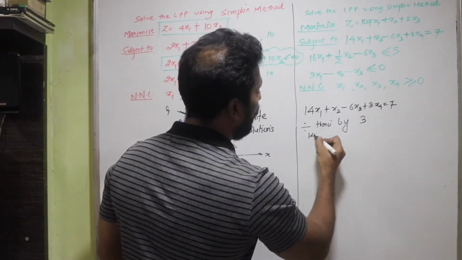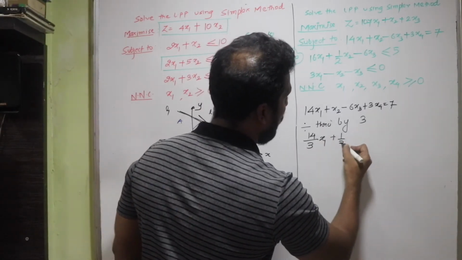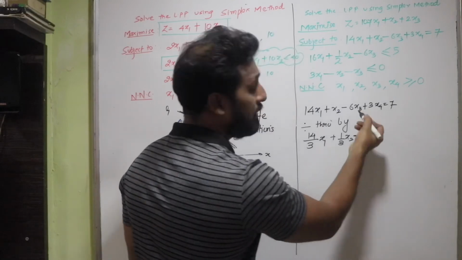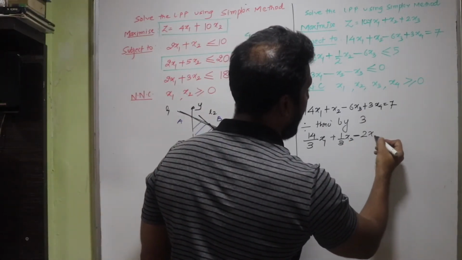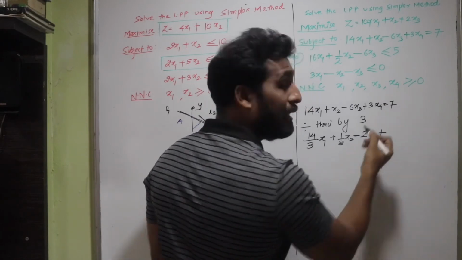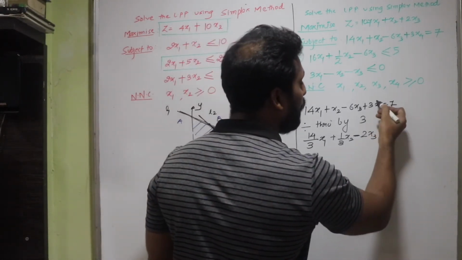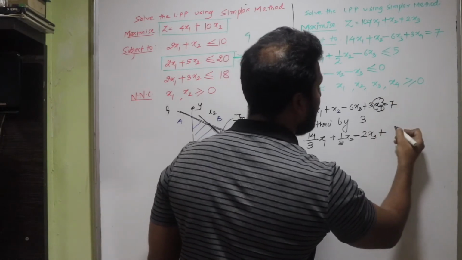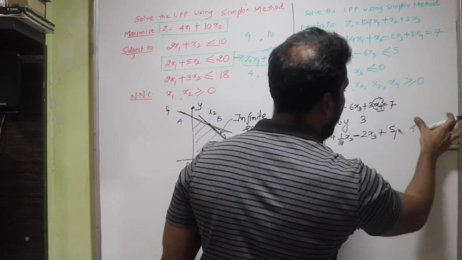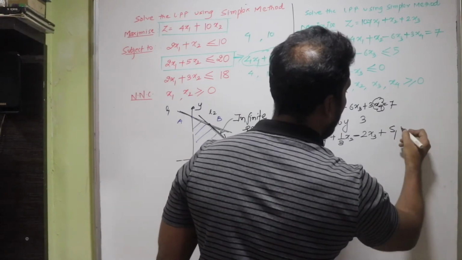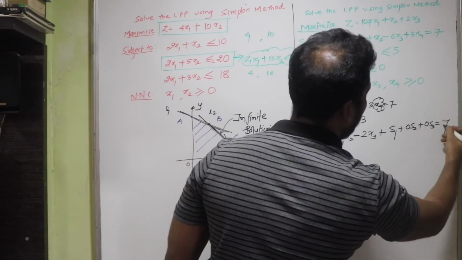I get 14 upon 3 x1 plus 1 upon 3 x2 minus 6 divided by 3, which is 2 x3, plus 3 times x4 divided by 3, so 3 and 3 cancel, and x4 I am going to write as s1, is equal to 7. Or I can write s1 plus 0 s2 plus 0 s3 is equal to 7.